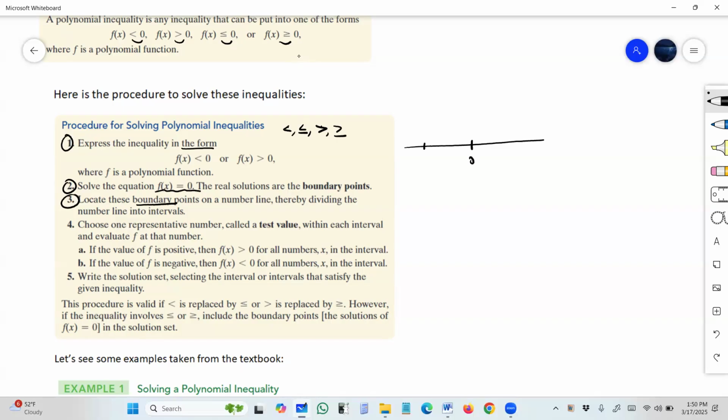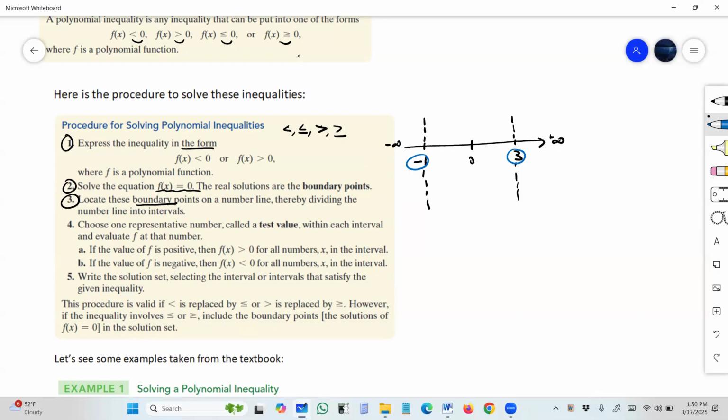Let's say one of the roots is -1, the other is 3. I'm going to put some dashed lines here for you to see. This is one of the roots, this is the second, and here's the real line going toward positive infinity and negative infinity. All right, so I have these two roots of the polynomial.